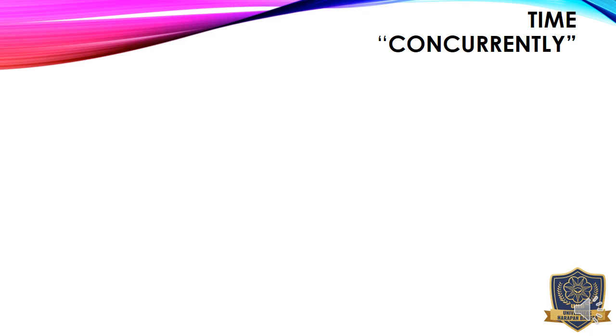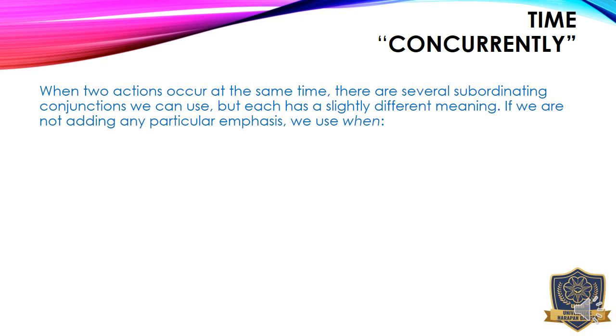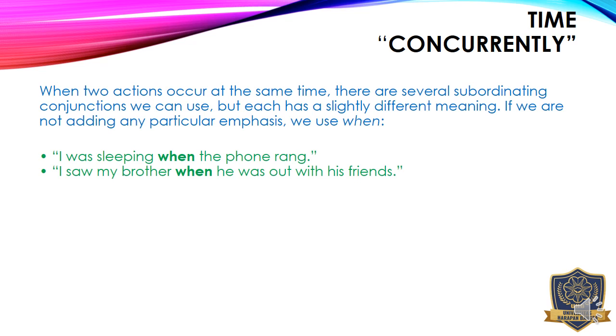Time, concurrently. When two actions occur at the same time, there are several subordinating conjunctions we can use, but each has a slightly different meaning. If we are not adding any particular emphasis, we use when. I was sleeping when the phone rang.